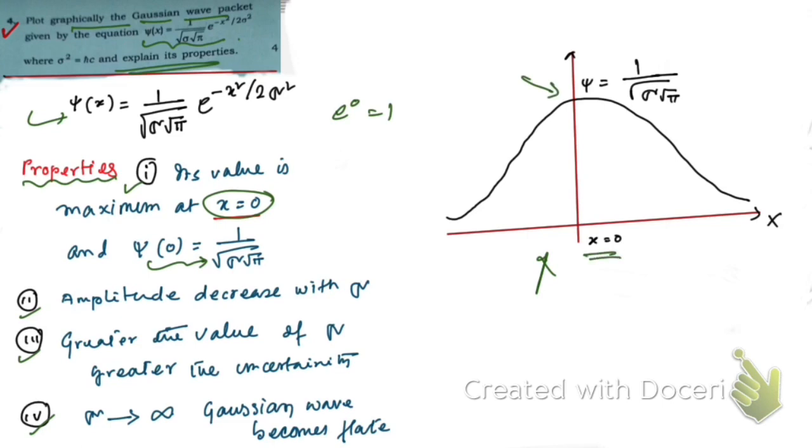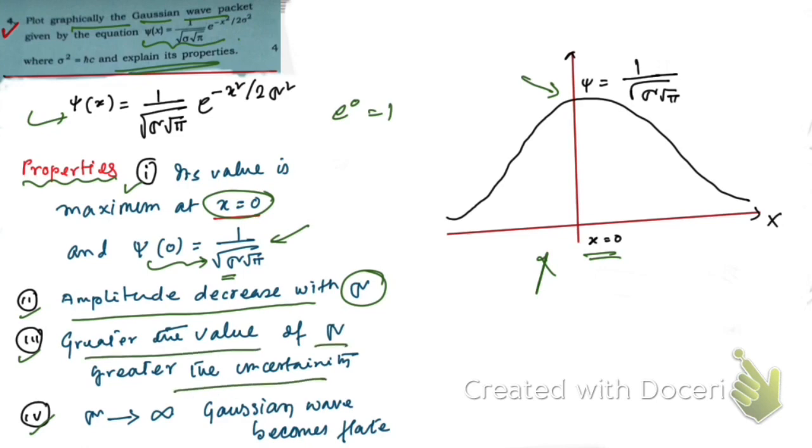The amplitude decreases with this sigma, and it can be predicted from the expression only. The greater the value of sigma, the greater the uncertainty, and if sigma approaches infinity, then the Gaussian wave function becomes flat. These are the properties we have got. Now let's move on to the next question.